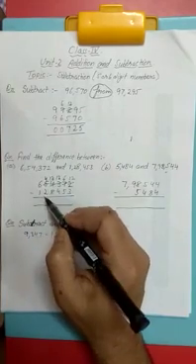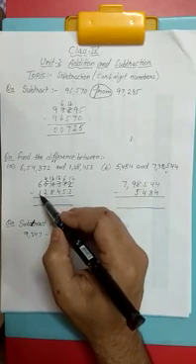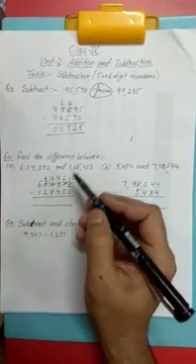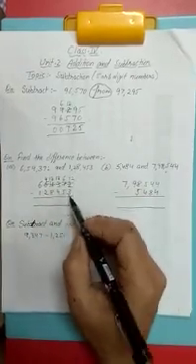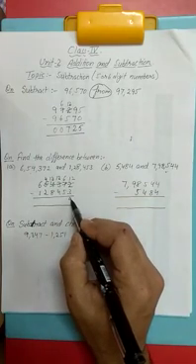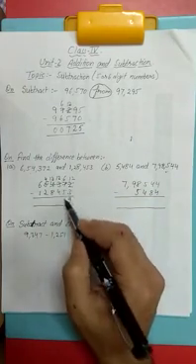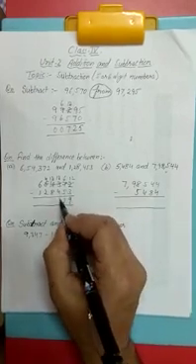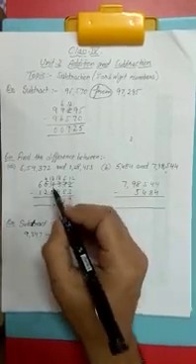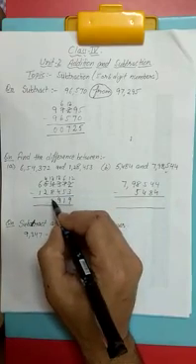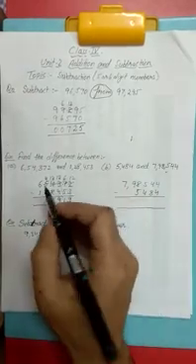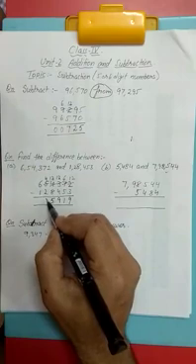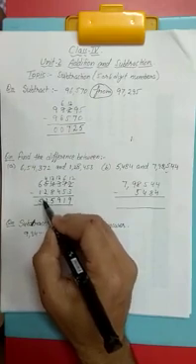Now 4 is greater than 2, it's fine, and then 6 is greater than 1, it is again fine. Now subtract it. 12 minus 3 is 9, 6 minus 5 is 1, 13 minus 4 is 9, and 13 minus 8 is 5, and 4 minus 2 is 2, 6 minus 1 is 5.